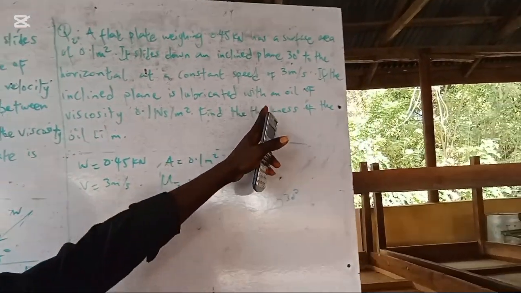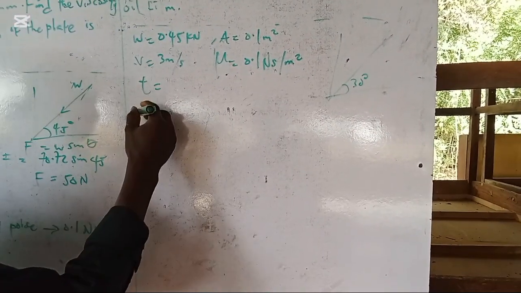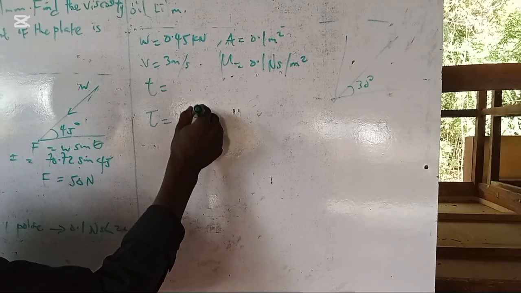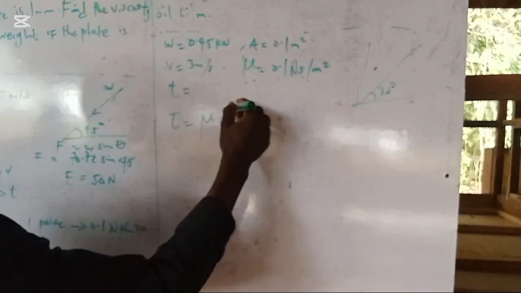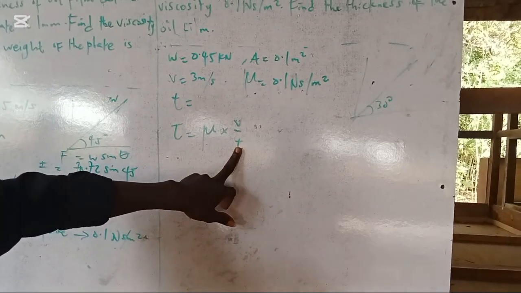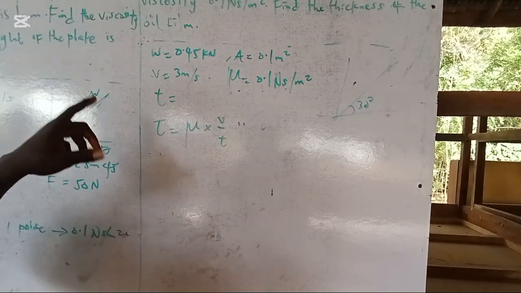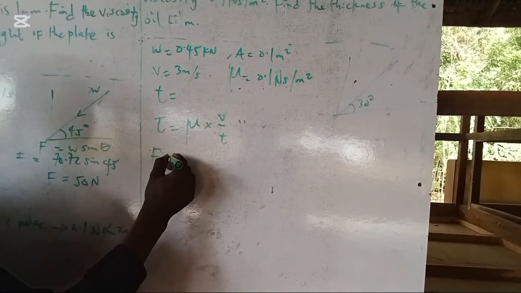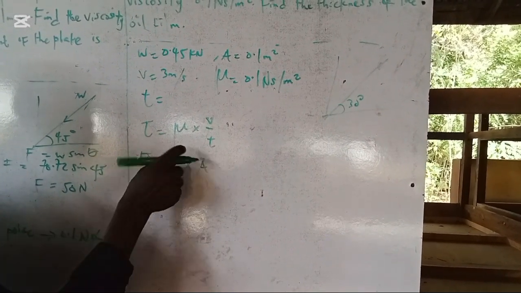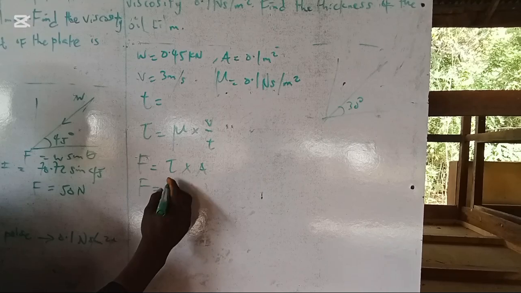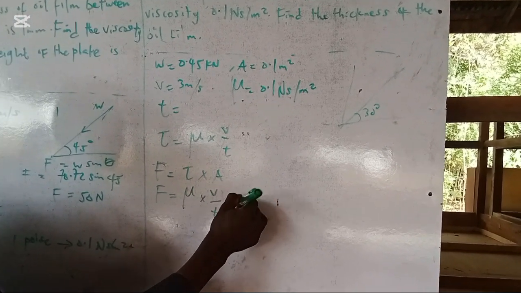They now ask you to find the thickness, so this time we are looking for T. Remember the formula: shear stress is equal to dynamic viscosity multiplied by V over T. We are given weight, but these parameters are not complete, so we have to use Newton's law of viscosity. This says that force is equal to tau multiplied by A, as shear stress. So we have force is equal to dynamic viscosity multiplied by V over T, then A.